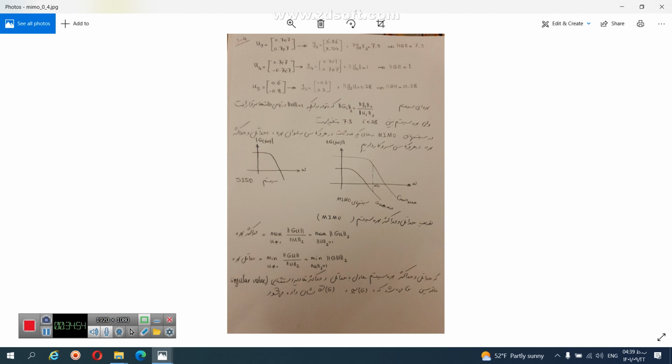And the norm of G changes for all the inputs. The norm of the input is equal to 1, but the norm of G changes. The norm of G shows you the gain of the system.